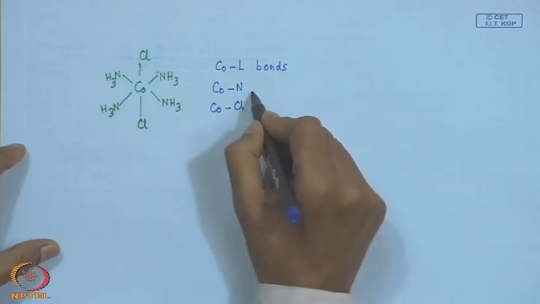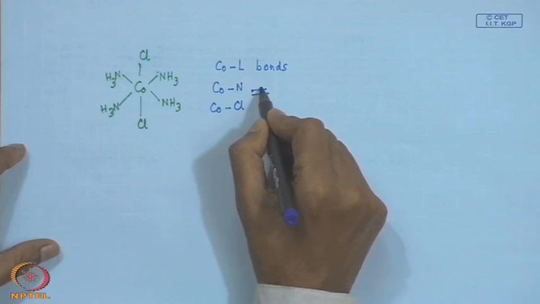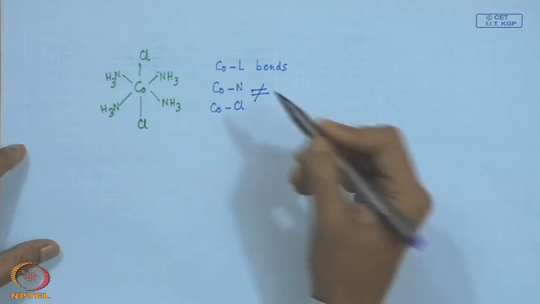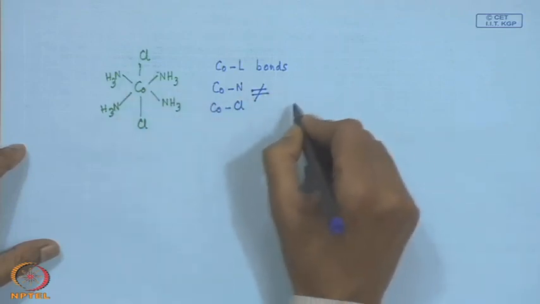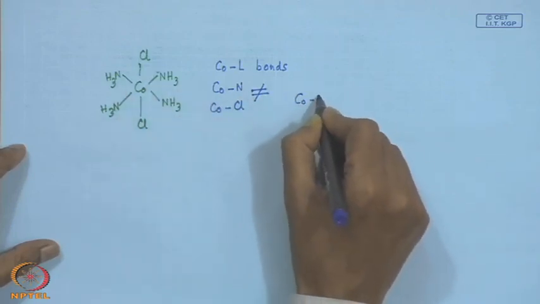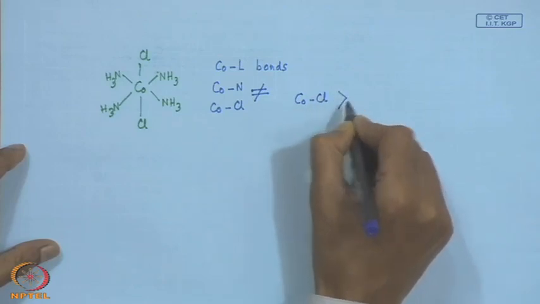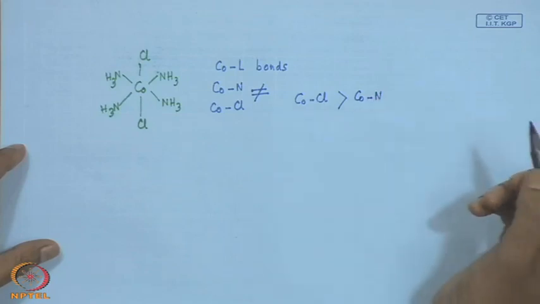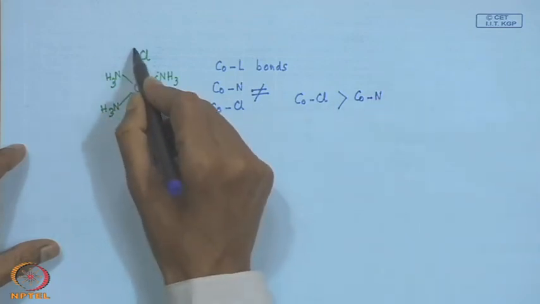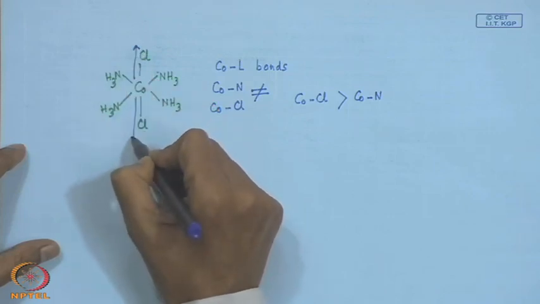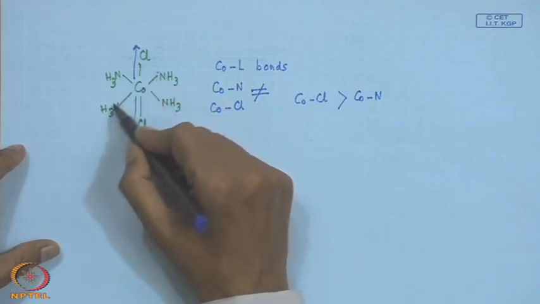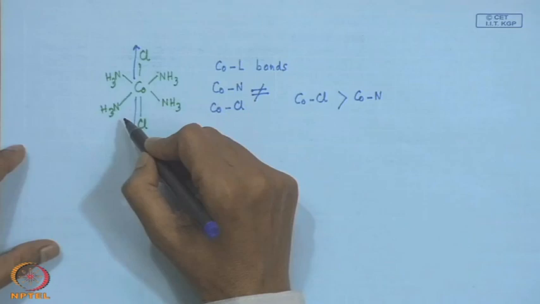and 2 are cobalt-chlorine bonds. These 2 bonds will not be equal to each other. We see that the cobalt-chlorine bonds are longer compared to the 4 cobalt-nitrogen bonds which are in plane.